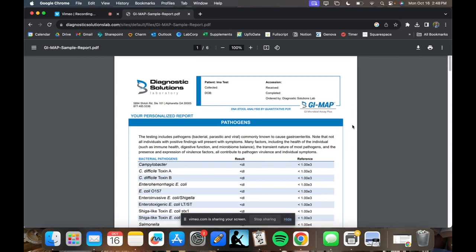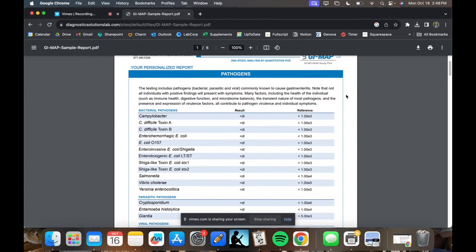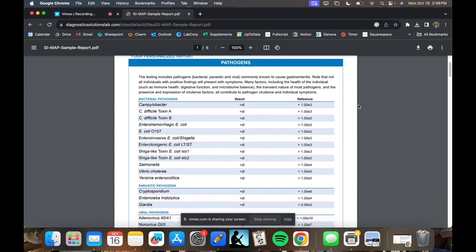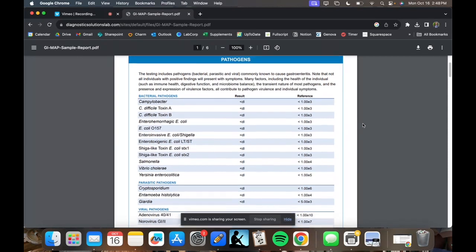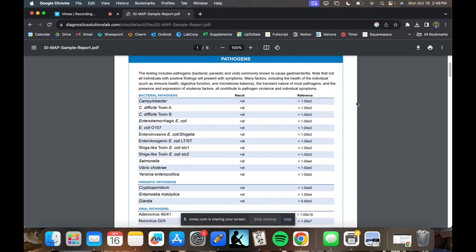So page 1 here, this is the pathogens page. I honestly don't see this page come back very often for my skin patients. This would be more in the context of acute gastroenteritis, like food poisoning, or drinking some contaminated stream water, getting giardia, something like that. So usually this doesn't pop up unless somebody has acute gastrointestinal illness.